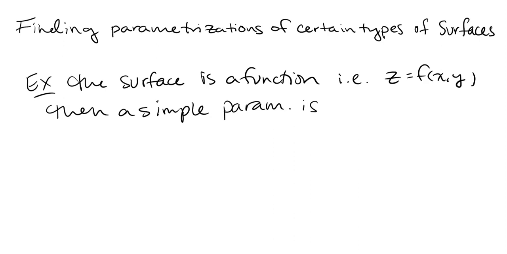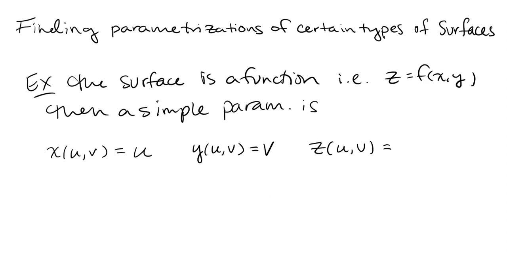So in this case, my independent variables would be both x and y. So we can have, say, x of u v is a single parameter u, y of u v is the other parameter v, and then z of u v just becomes f of, instead of x y, it's just u v. So plugging in those other two variables there.